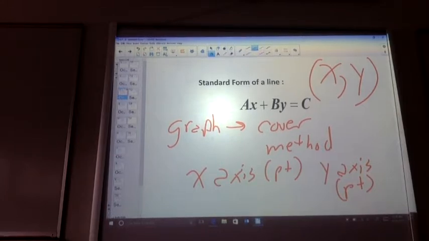Where things might not always be perfect is if your a and b values, which are numbers, go into c evenly, meaning you don't create fractions or decimals. Then it's a really good method. If it does create fractions or decimals, you're having to approximate a lot more of where to graph your linear equation.